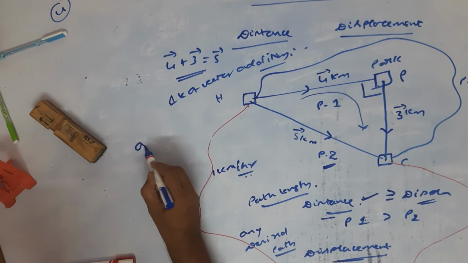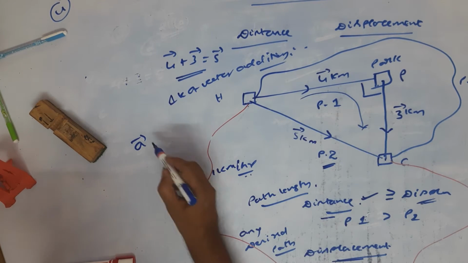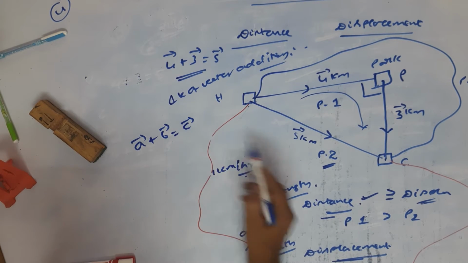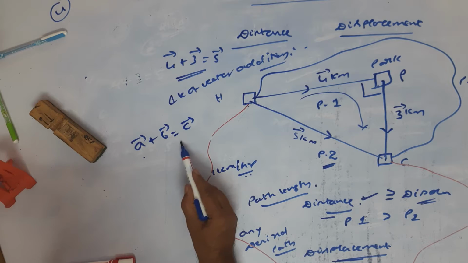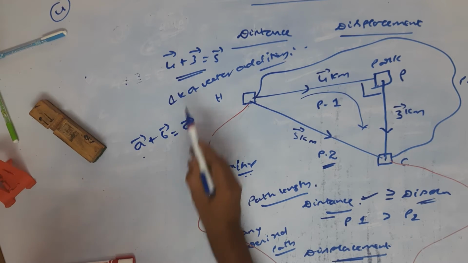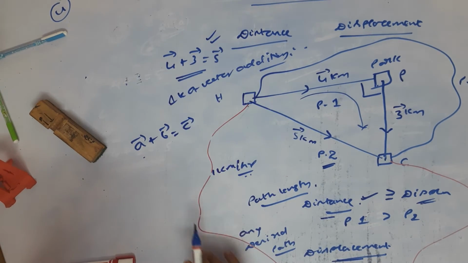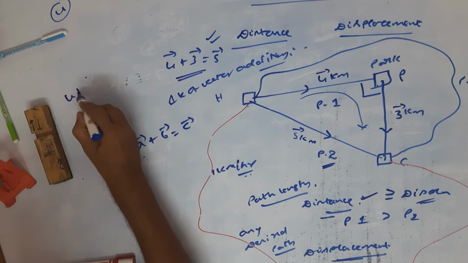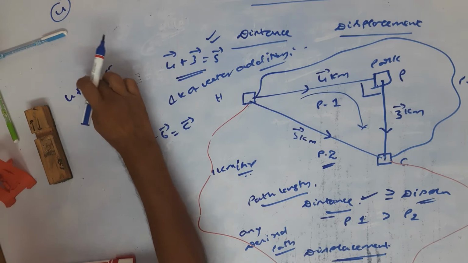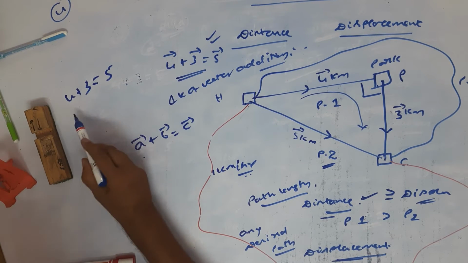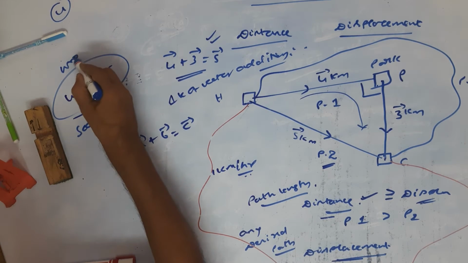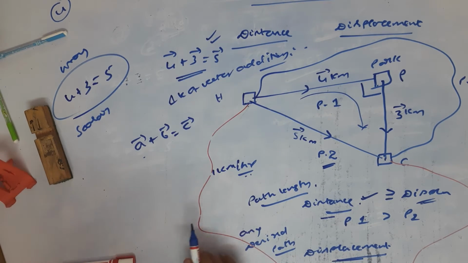For example, 4 km as A, 3 km as B and 5 km as C, then vector C is equal to vector A plus vector B. So the formula I have written is correct, provided you write the sign. But in the first question, 4 plus 3 is equal to 5, is it correct? This is incorrect because it is scalar. But this is vector, that's why it is correct.